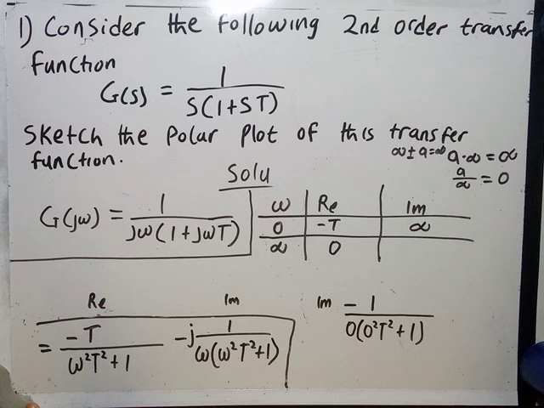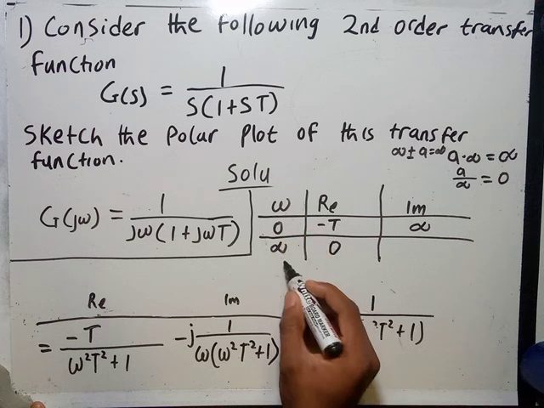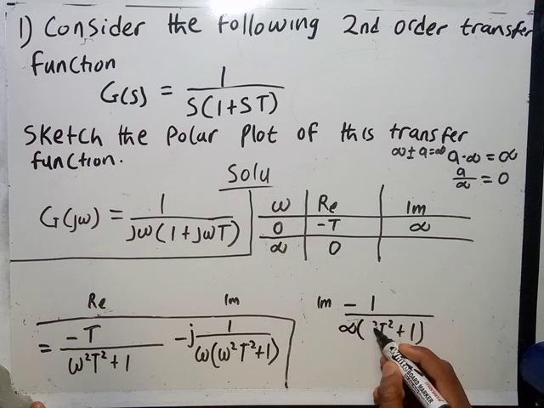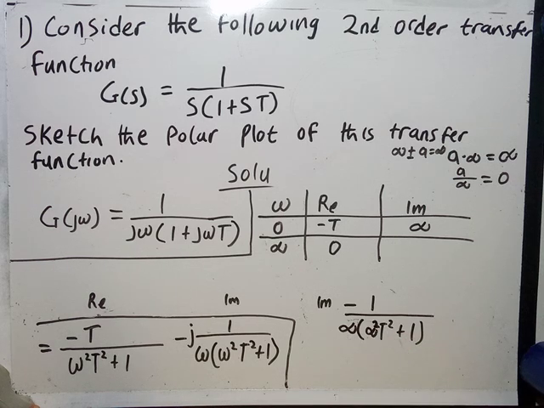Now, for when w is now infinity, we have infinity multiplying all this. So anything multiplied by infinity is still infinity, and anything divided by infinity is 0.